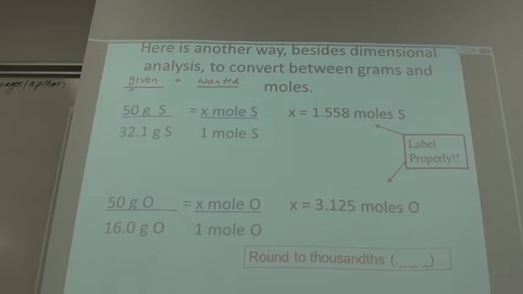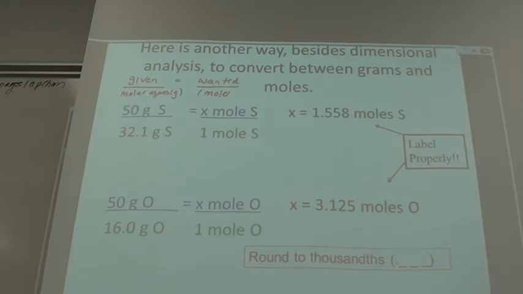And then underneath, for these problems, you will have the molar mass from the periodic table in grams. And over here, you're going to have 1 mole. So given on top, unknown on top, and here is one of your mole facts. 1 mole is equal to the molar mass in grams from the periodic table.